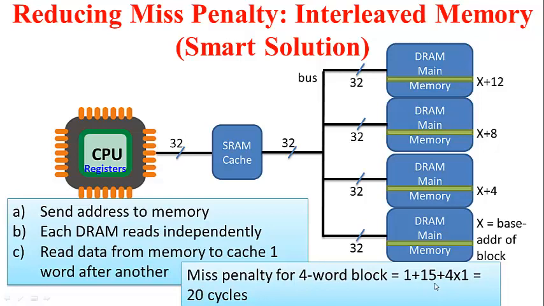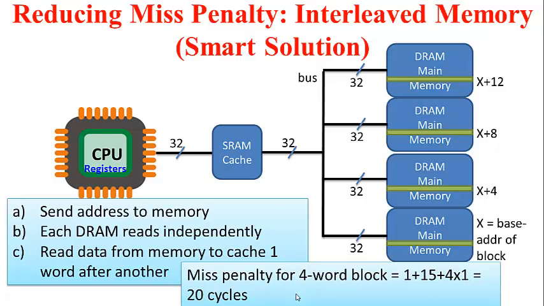So there is only one 15 cycle instance here in this count of cycles for miss penalty. However, the last step, that is reading of the words from main memory to the cache, the actual transfer of the words is going to be serialized. So we have 4 into 1 here, and this will correspond to 20 cycles.